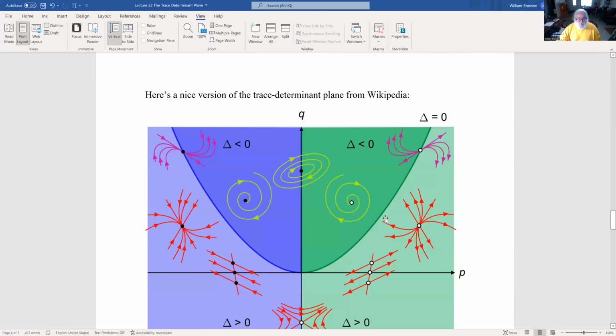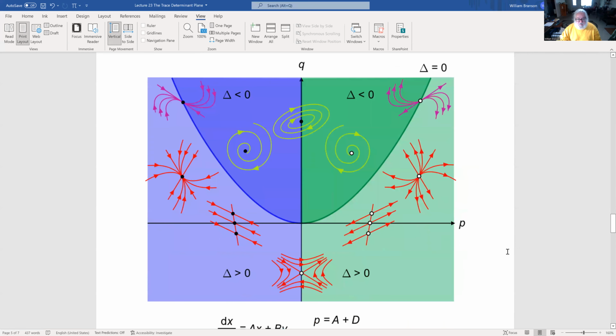And I stole this from Wikipedia. This is a nicer, better picture of it. Actually, this should not be t, but trace is here, determinant is here, and delta is t squared minus 4d. So t squared minus 4d equals 0, that's your repeated root. When t squared minus 4d is negative, this is the thing inside the square root, remember, it's inside the parabola.